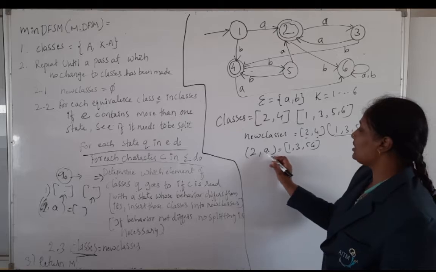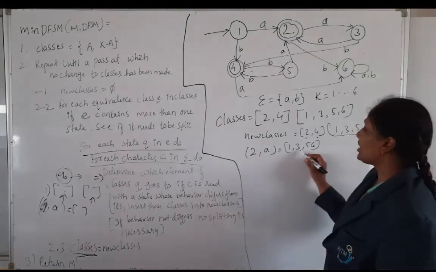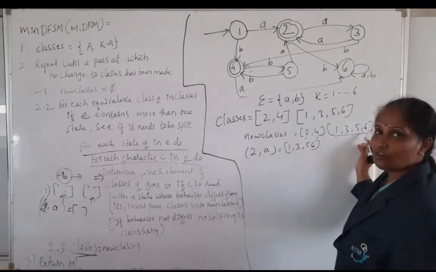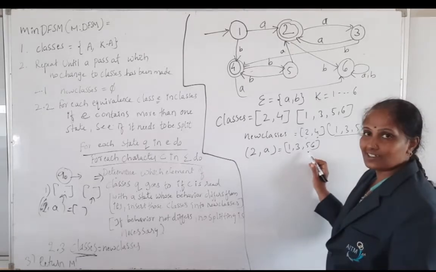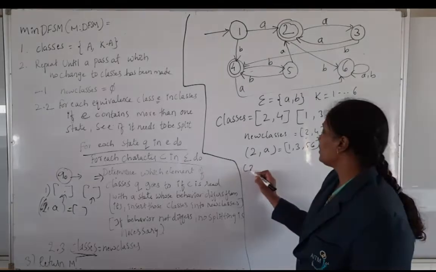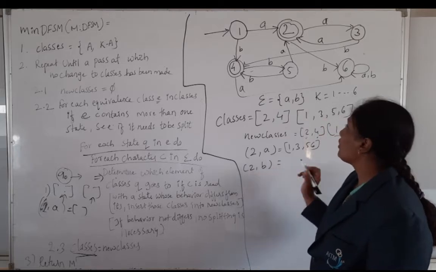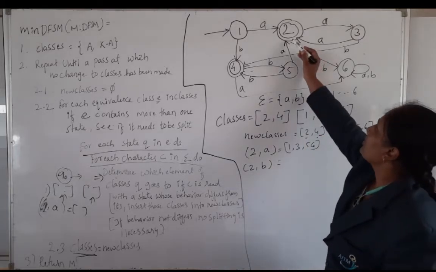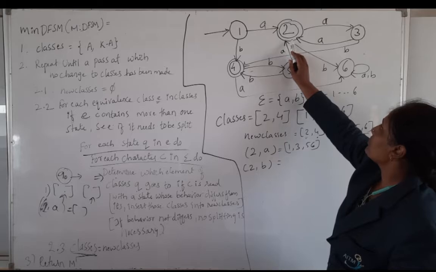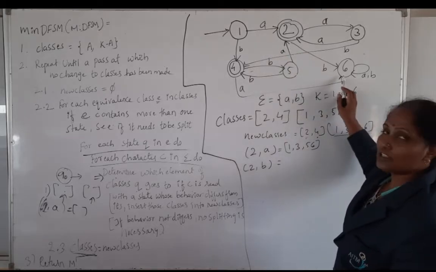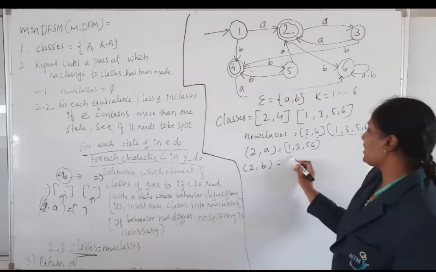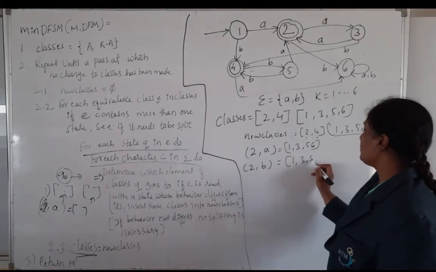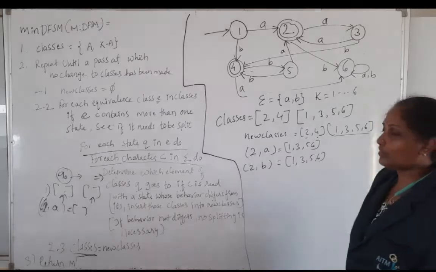Next, 2, B: check the B transition from the second state. I reach 6 here. 6 is a member of this group, so I will write here 1, 3, 5, 6.